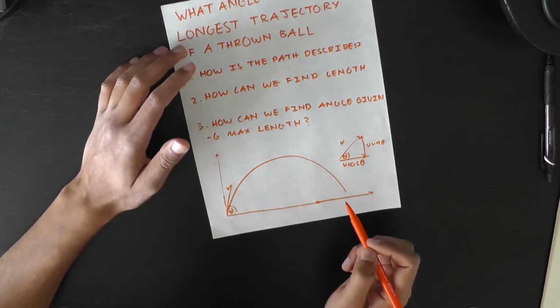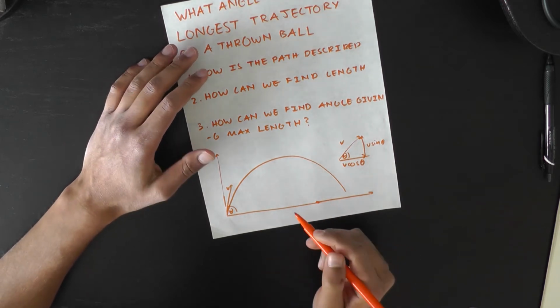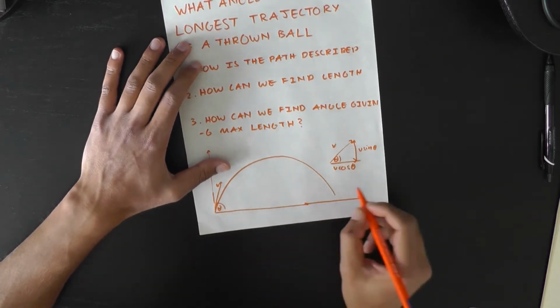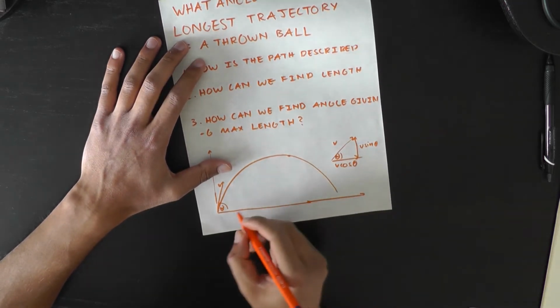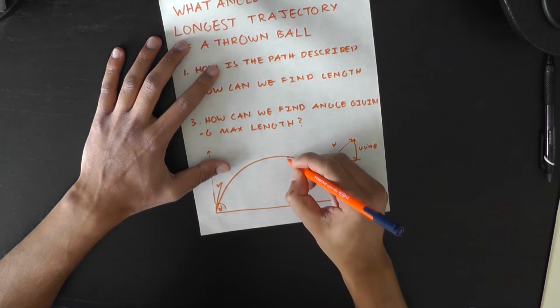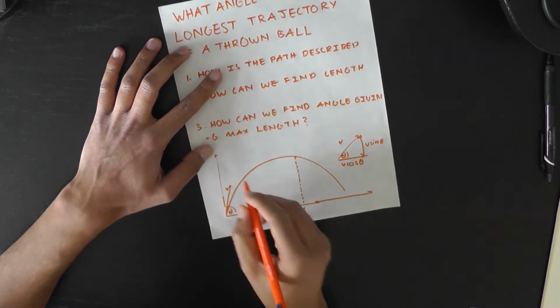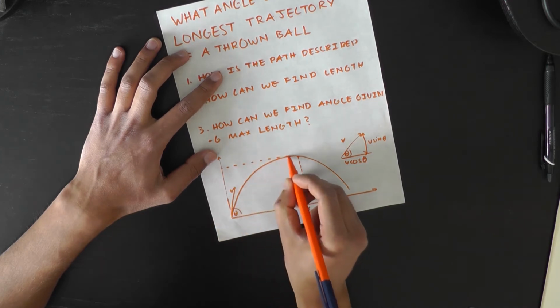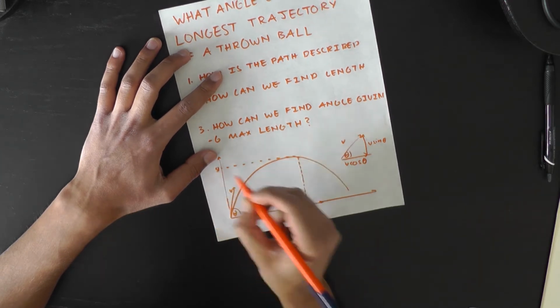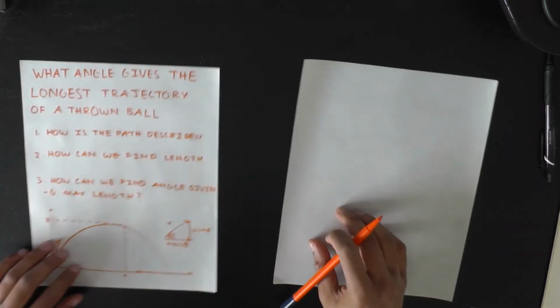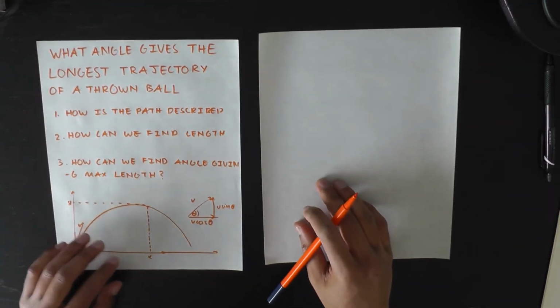How can we describe this path itself? You can use the kinematic equations and combine them to give you a full picture. If I take this point here, or any point on the path, I can give it an x coordinate and a y coordinate. I can do this by combining kinematic equations, basically the equations for constant acceleration.